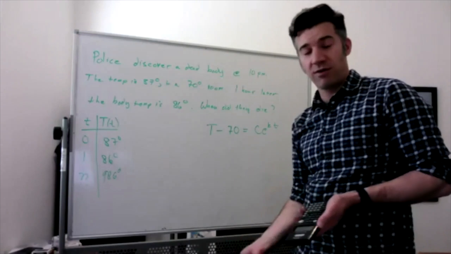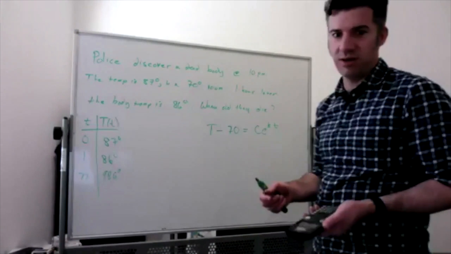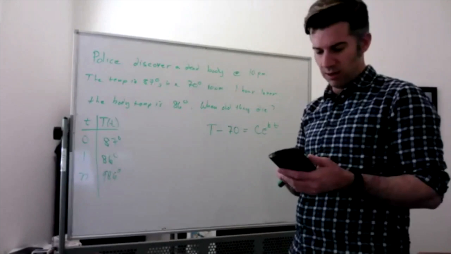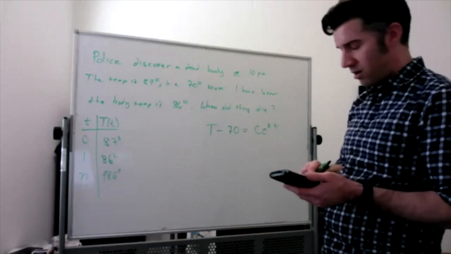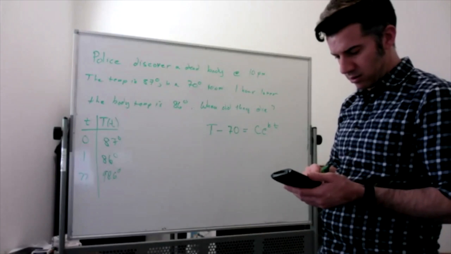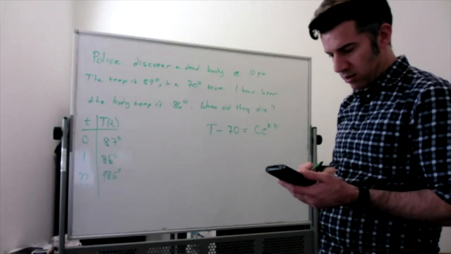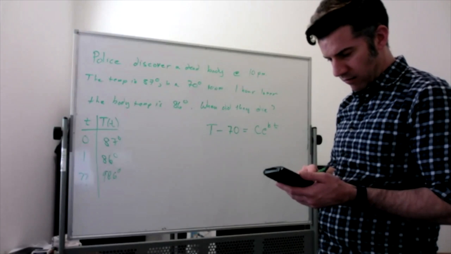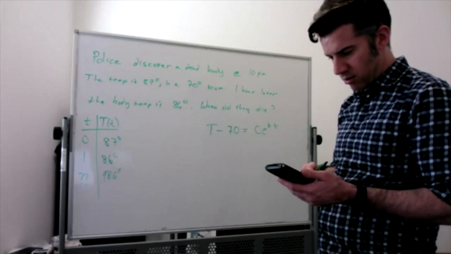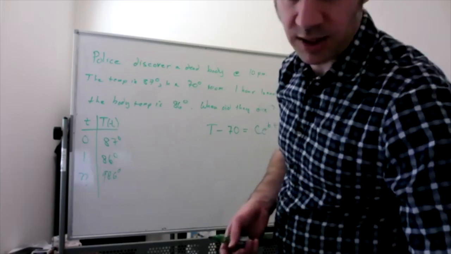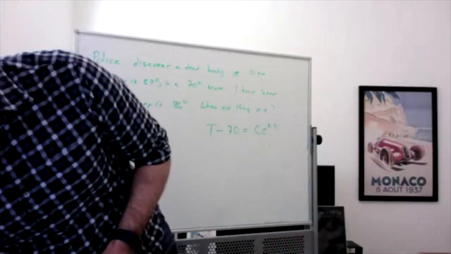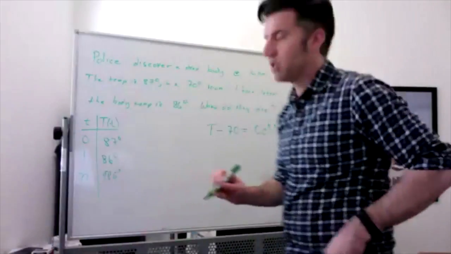How do we convert from Fahrenheit to Celsius? We subtract 32 and we multiply by 5 ninths. So 98.6 minus 32 times 5 divided by 9 is 37 degrees Celsius, the temperature for a human person.